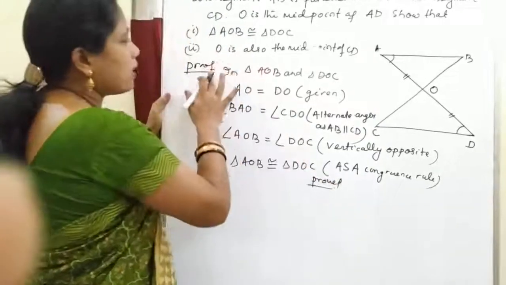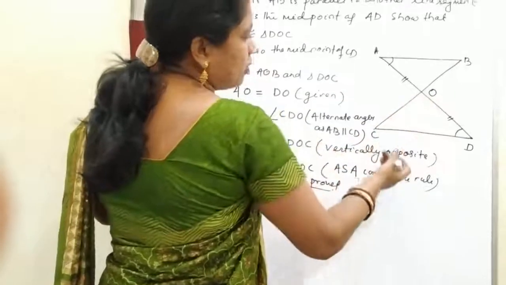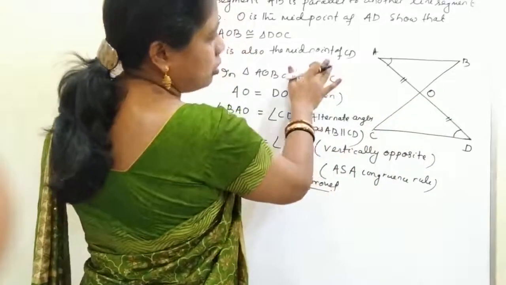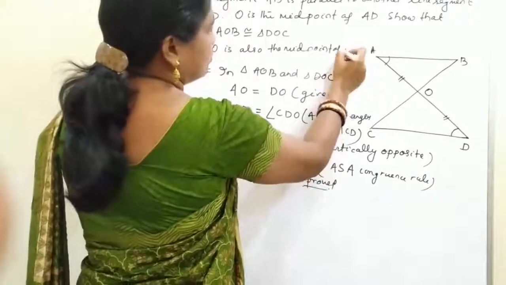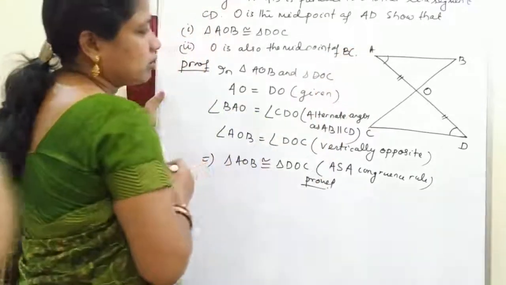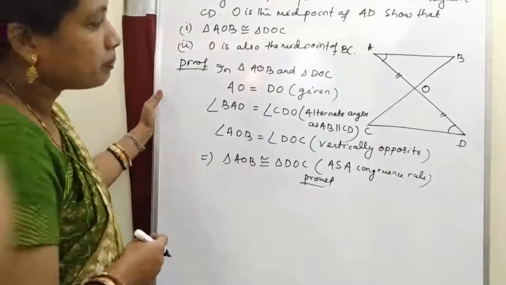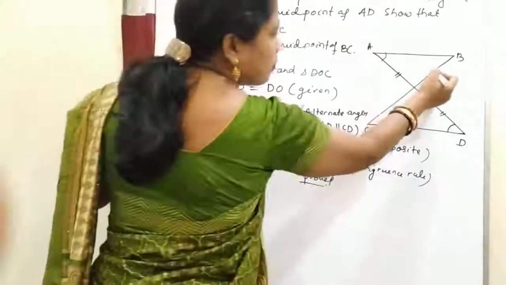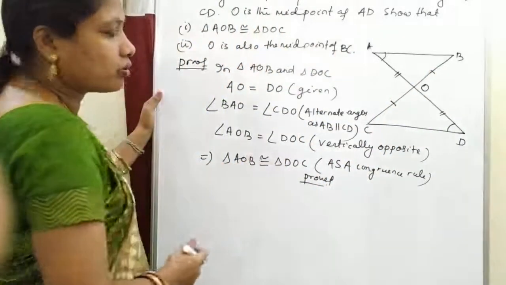Then what is the second part? O is also the midpoint of BC. So here the question is wrong, it should be that O is the midpoint of BC. So here BO will be equal to CO by CPCT, corresponding parts of congruent triangles.